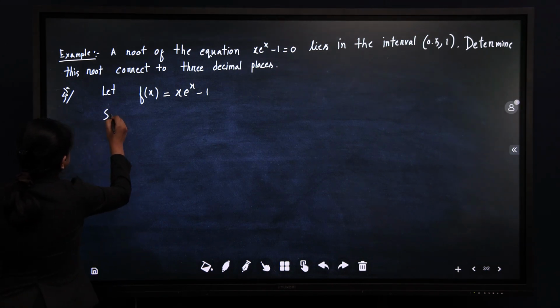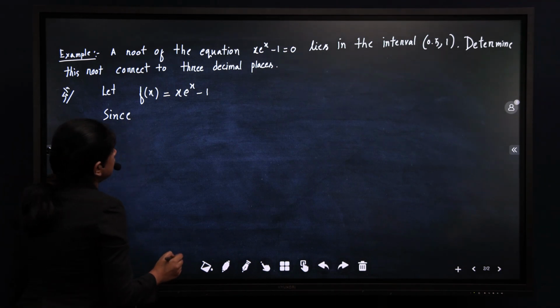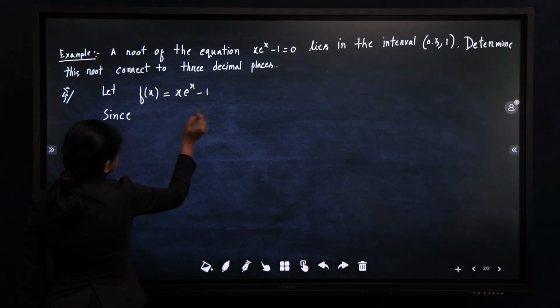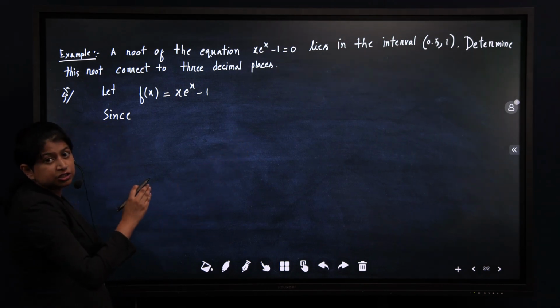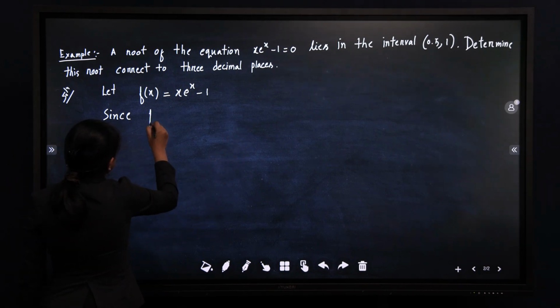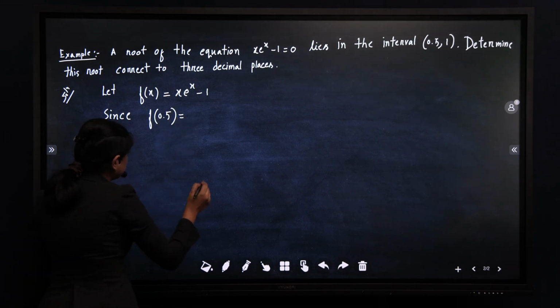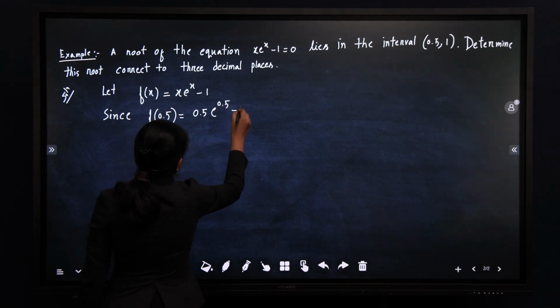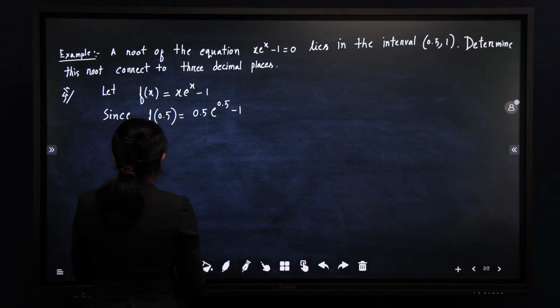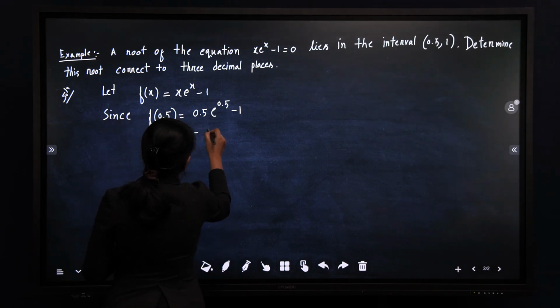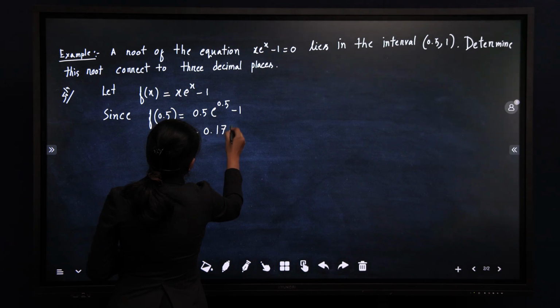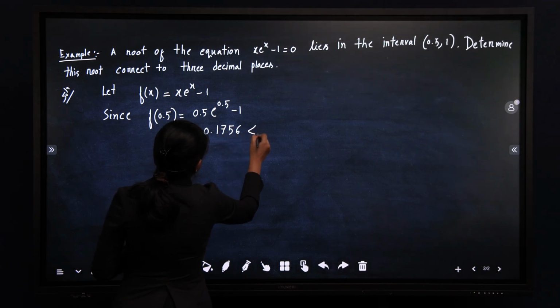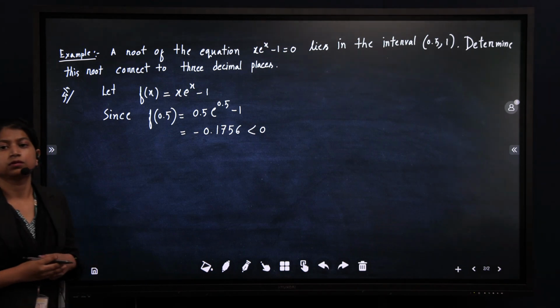Since 0.5 and 1 is the interval, for f of 0.5, we have 0.5 e power 0.5 minus 1. So what will you get? You will get minus 0.1756, that is a negative value.